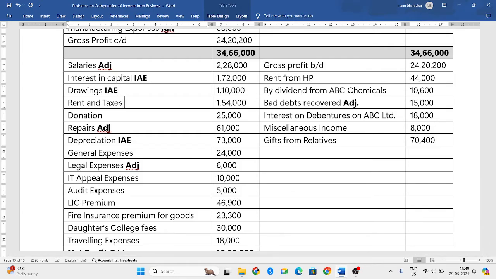Rent and taxes, as you all know, if it is a business thing, then you might have to pay certain rent and taxes, so it is allowable. It is a business related expense, so it is an admissible expense. Next, donation. As I've told you, any kind of donation is completely inadmissible expenses.